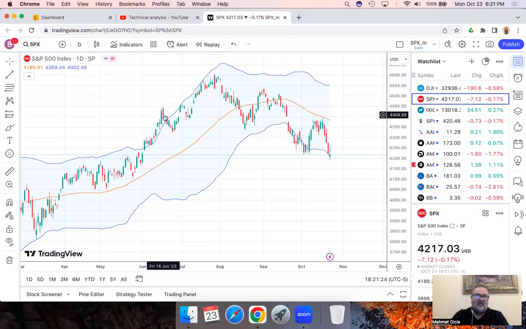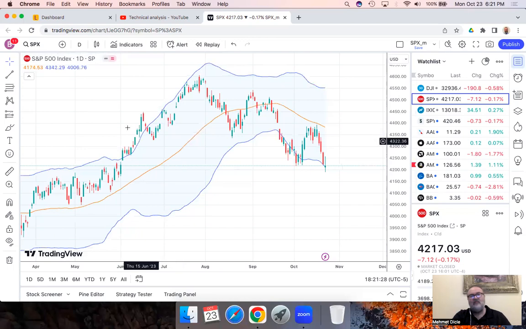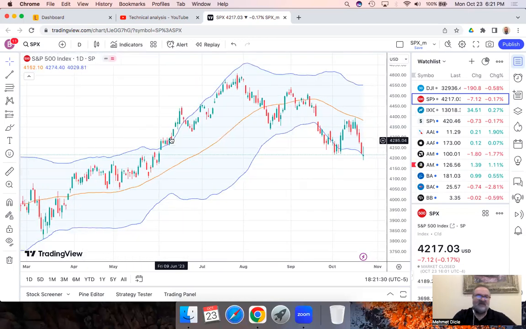So for instance, right here, you see how the price breached above the upper band, and it corrected itself. However, I want to say, just because the price broke above that range does not mean that it will be immediately correcting itself.